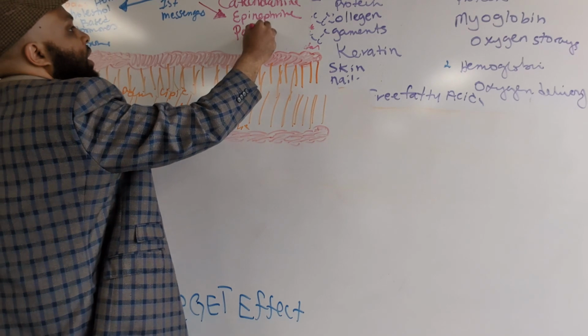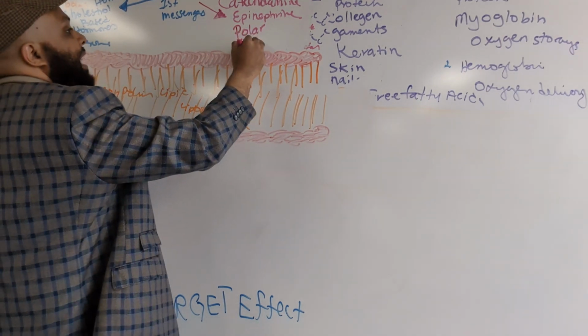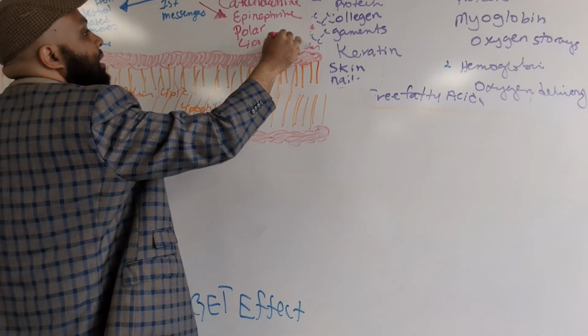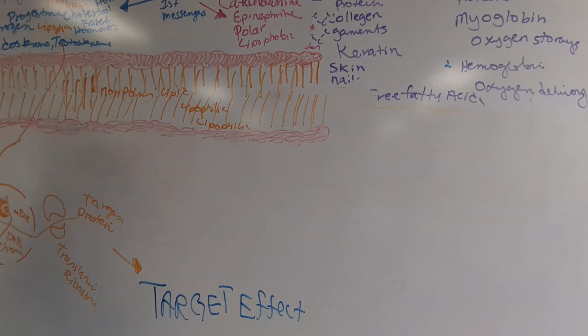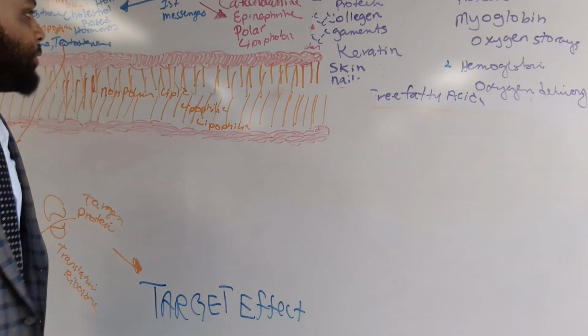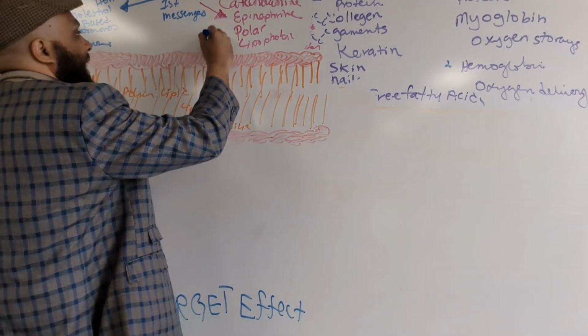It is polar. Okay, it is lipophobic. So can it enter? Can it cross? It cannot cross. So what it will do is it will bind a peripheral protein out here.